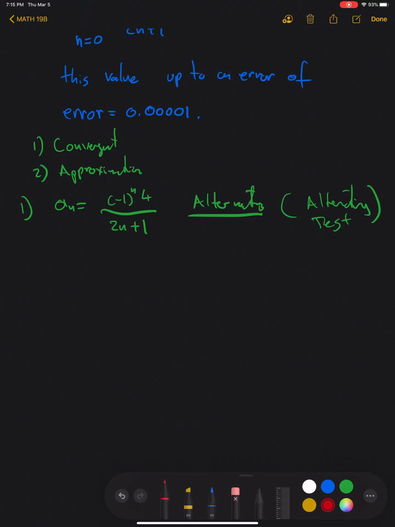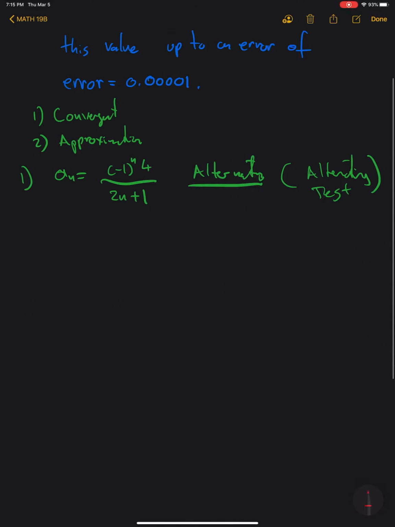In order to use the alternating test, really what we have to do is just to find the limit as n tends to infinity of the absolute value of the sequence. In this case, this is the limit as n tends to infinity of the absolute value of negative 1 to the power n, 4 divided by 2n plus 1.